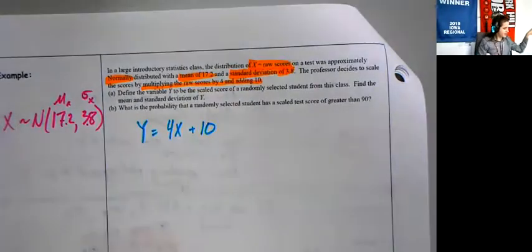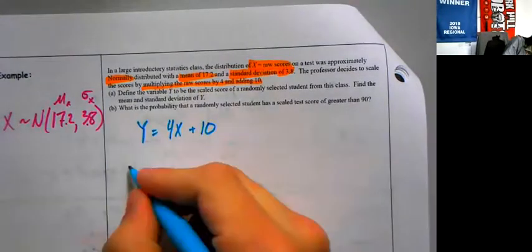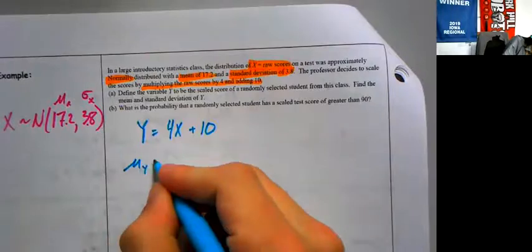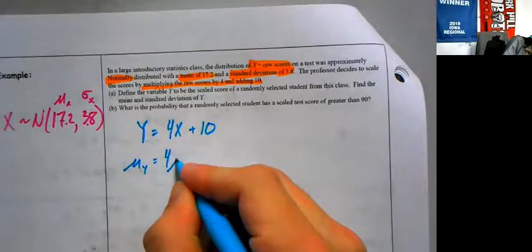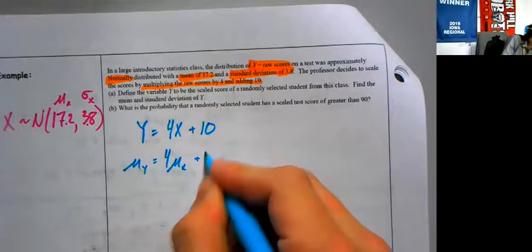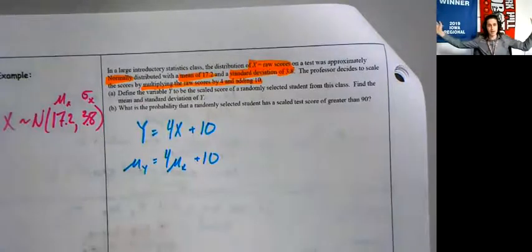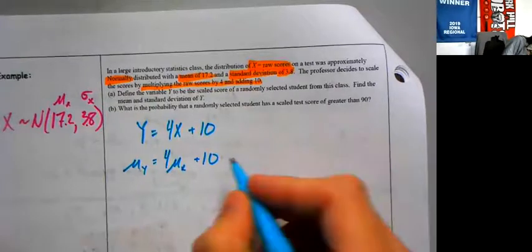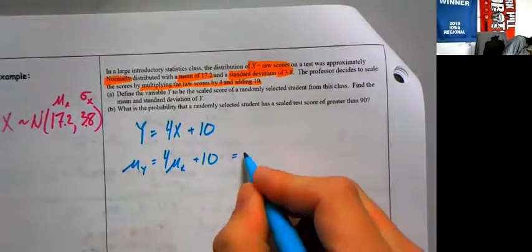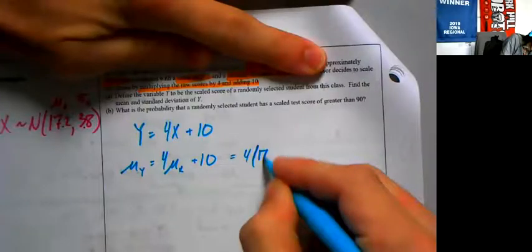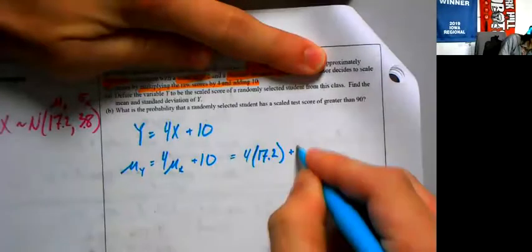Find the mean and standard deviation of Y. Okay, well, we can say the mean of Y is 4 times the mean of X plus 10, because the mean is affected by multiplying and adding. What's that going to be? 4 times 17.2 plus 10.